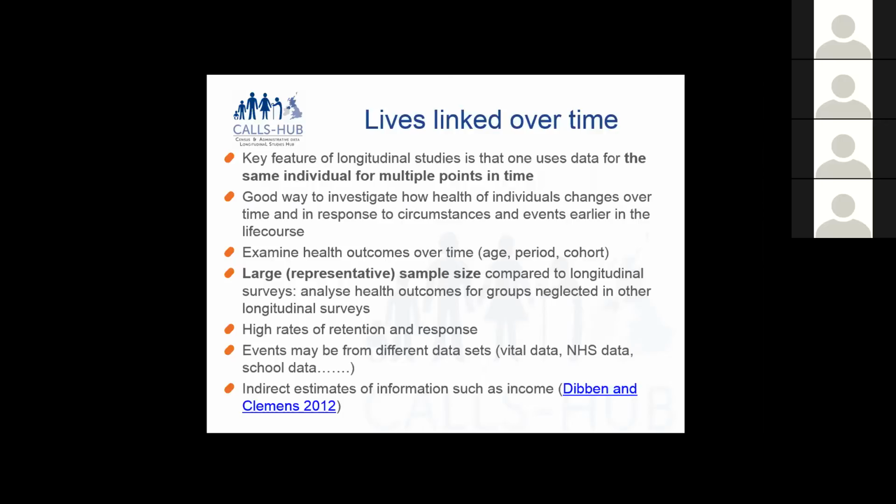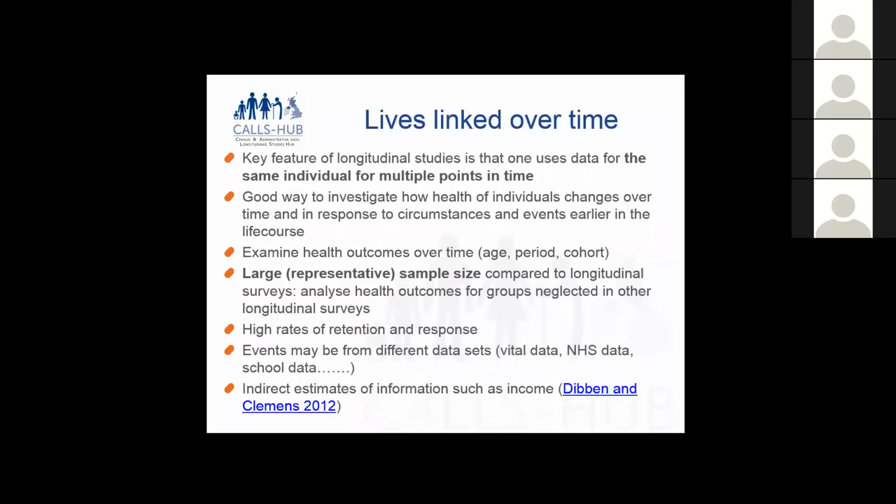But another nice feature really is that because the census is compulsory, we have really high rates of retention and response in this survey. So issues of non-response, which occur in many other longitudinal sample surveys, are less of an issue in the census longitudinal studies.